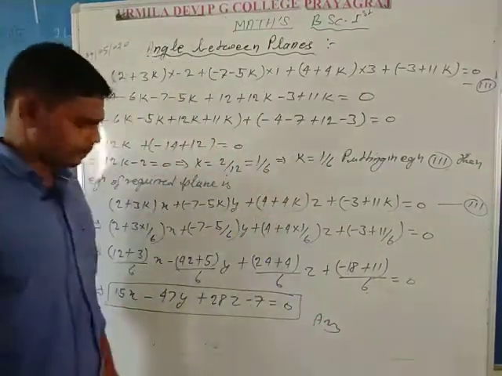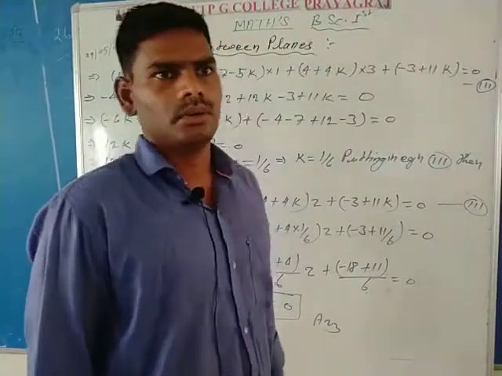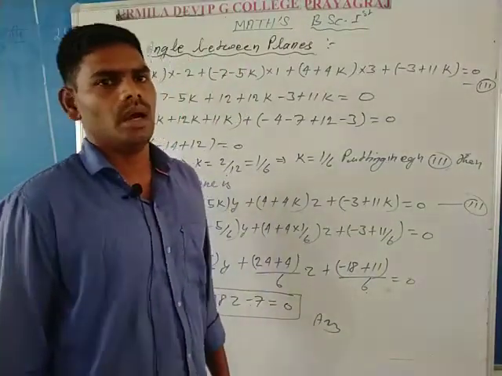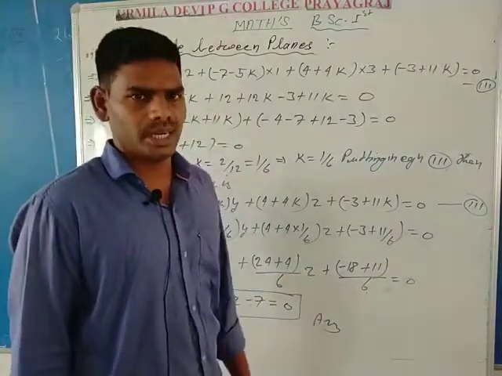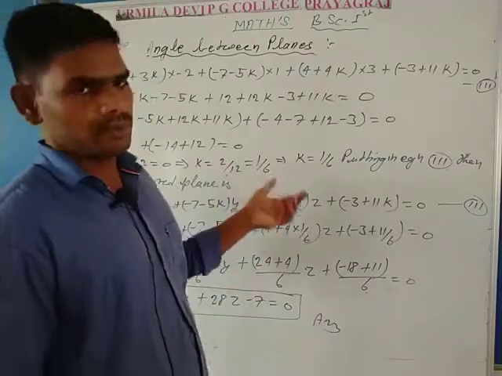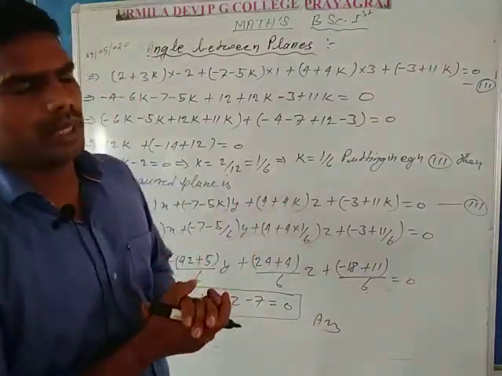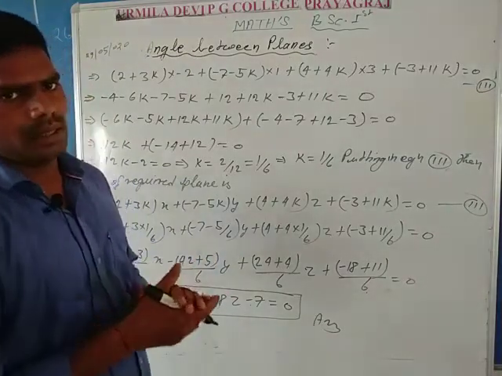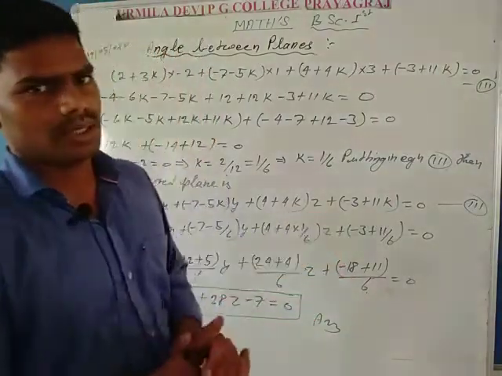So in this question, first write the equations of the two given intersecting planes. After that, write the equation of the plane passing through the intersection of the two planes: the first equation plus k times the second equation, taking one unknown k.